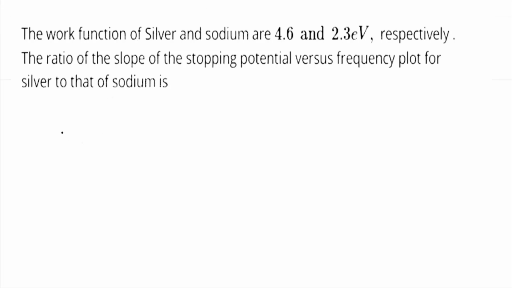So the solution of this question is, we know that h nu, that is Planck's constant times frequency, is equal to phi, that is our work function, plus eV naught, where V naught is our stopping potential.